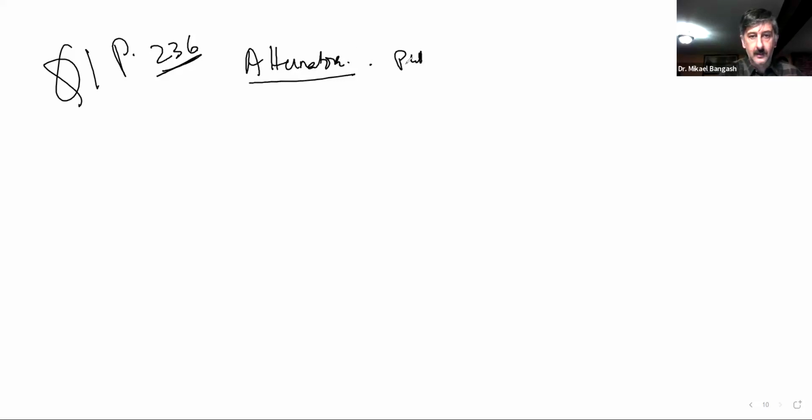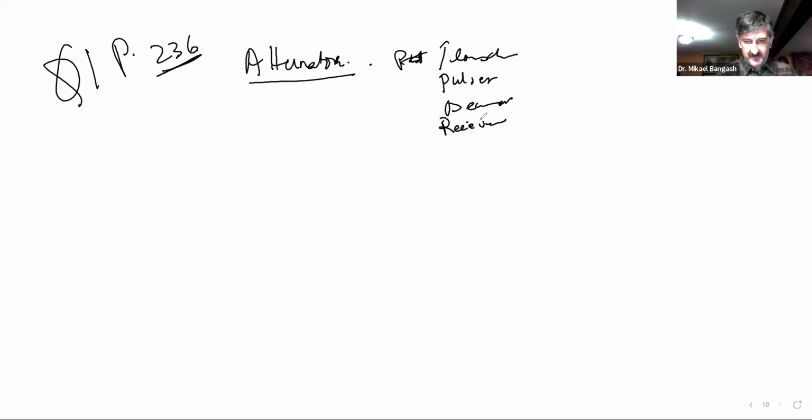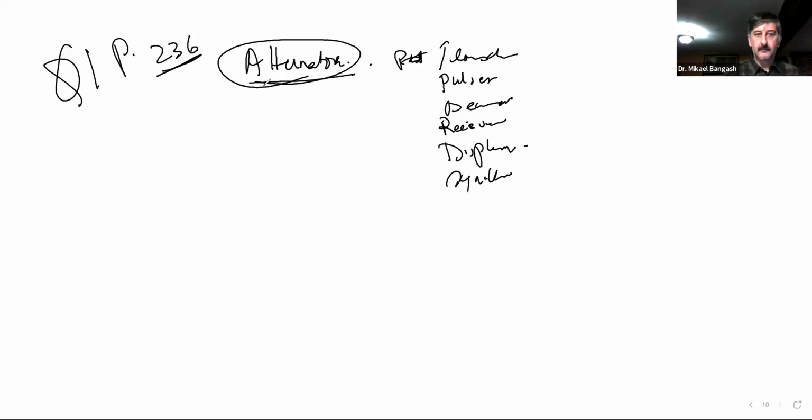We had transducer, we had pulsar, we had beamer, we had receiver, we have display, and we have synchronizer. So the only one that we don't find as a component of our ultrasound system is the alternator.